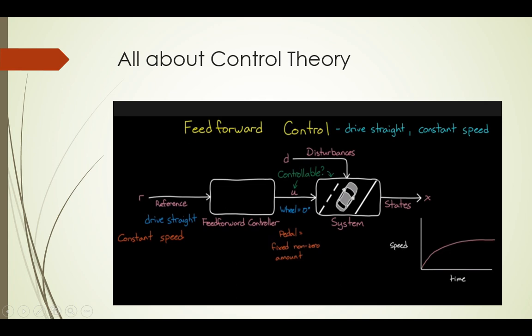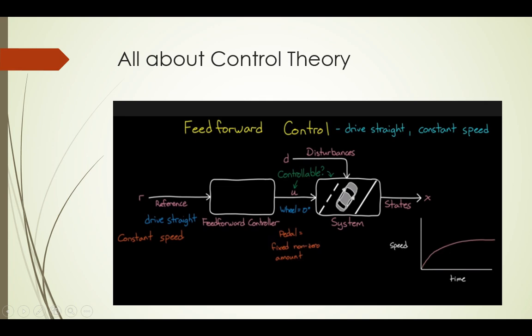Now if we want to design some feed forward control, where our desire is to drive straight with a constant speed, how can we do that? For that system, we need a controllable input, an input that provides a particular constant speed.